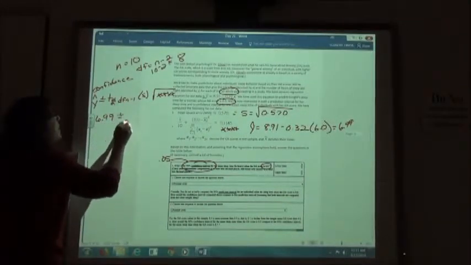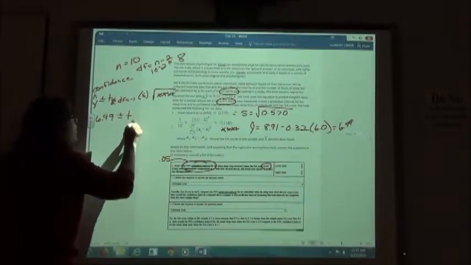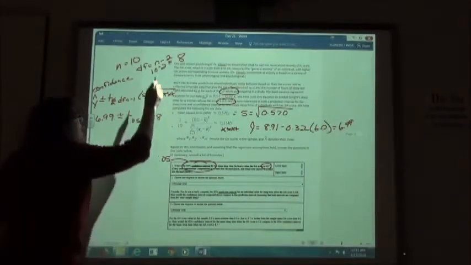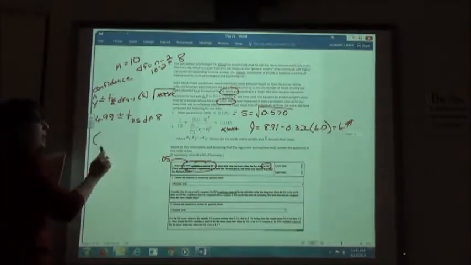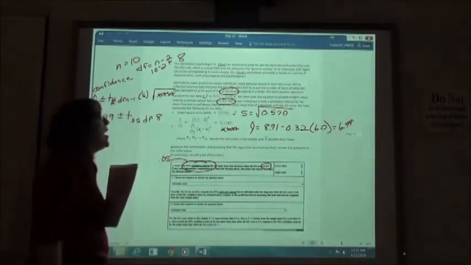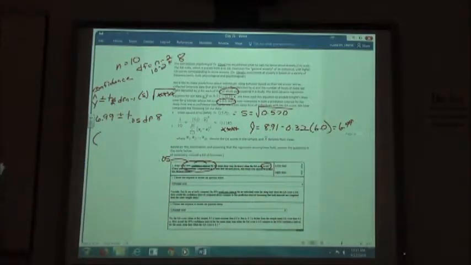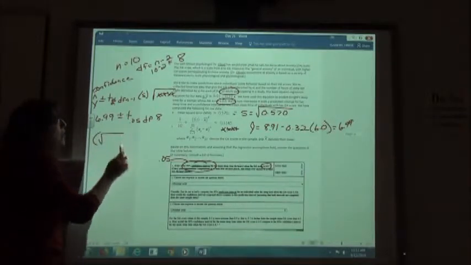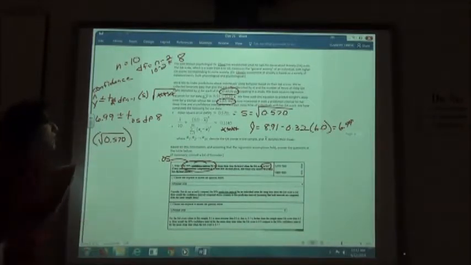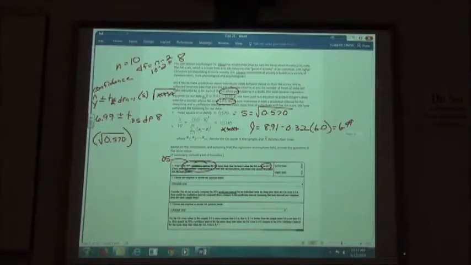6.99 plus or minus t sub 0.05 with a degree of freedom of 8 times my s value. Again, just to eliminate some of the rounding errors, I maybe wouldn't just calculate that out and round it off even though it tells you you can. You could just put it in this way, square root of 0.570. If you want to calculate it and then use 4 digits at least, that's okay too.